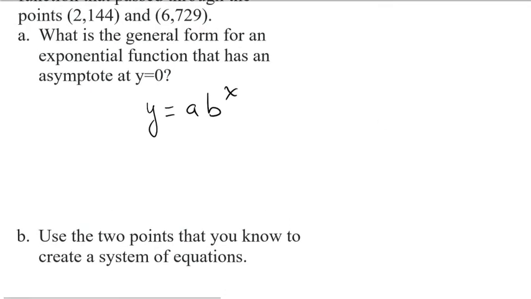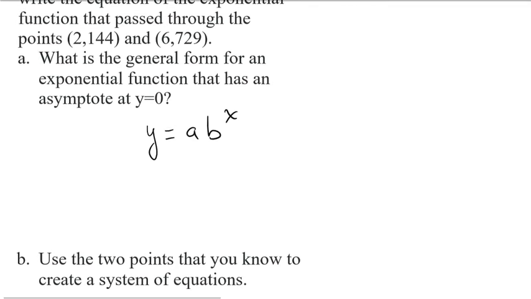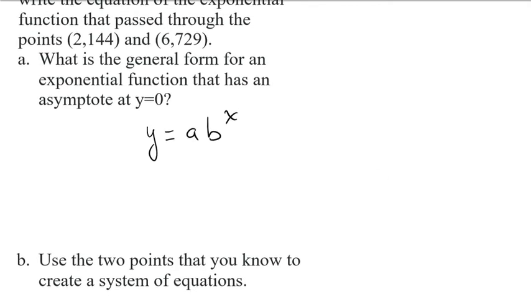Use these 2 points that you know to create a system of equations. So if I was to do that using these 2 points, this first one here is that one, and the second one I'll box in this green. We'll do the orange one first and then the green one. The first one I'm going to write is y, which is 144, equals a, I do not know a, b, I do not know b, to the x power, x is 2.